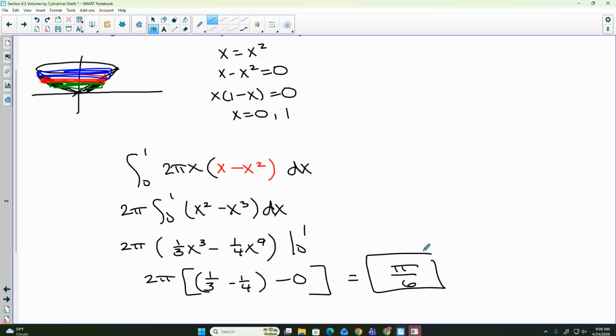So again, this isn't the only way to solve the problem. We're just using a different technique. And if I want you to use it, I will specifically say use the shell method here.